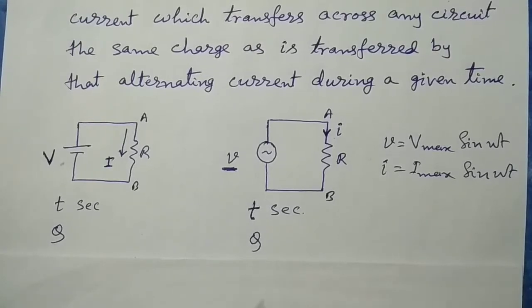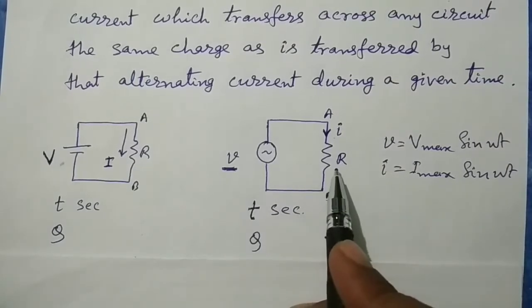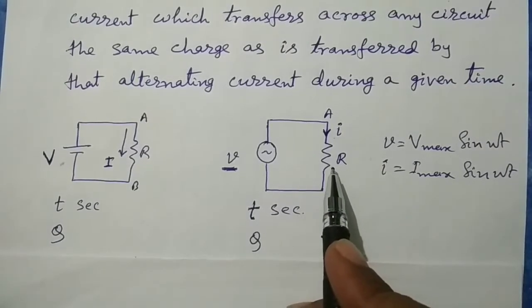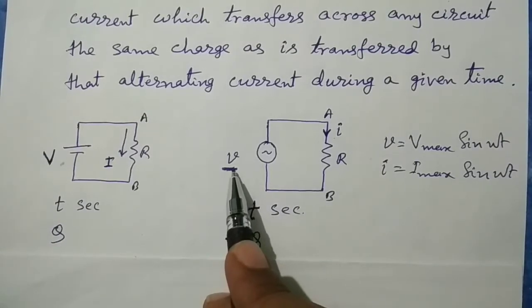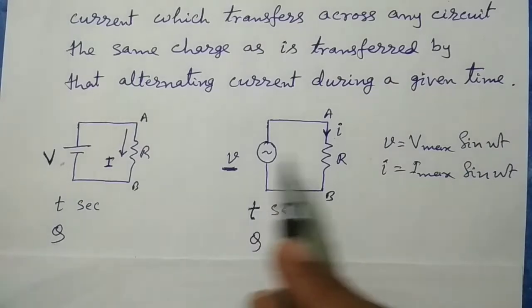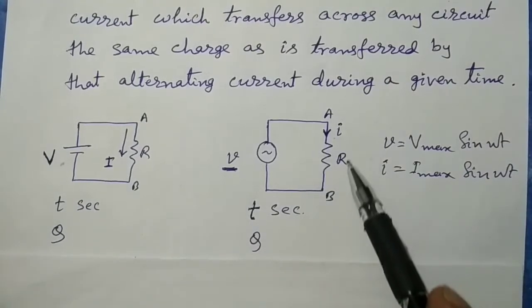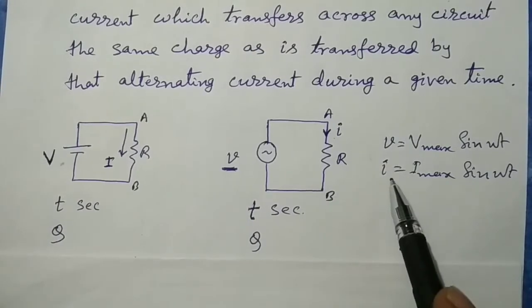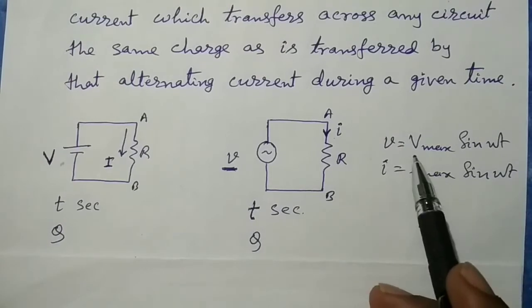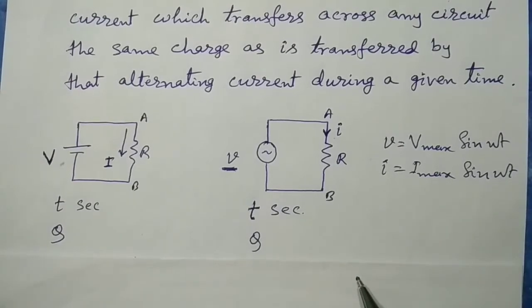Now, if we apply an AC voltage source across the same resistance R, where small v is the instantaneous voltage of the alternating source and i is the instantaneous value of the current that will flow through the load resistance, where v and i can be represented as V max sin omega t and I max sin omega t.